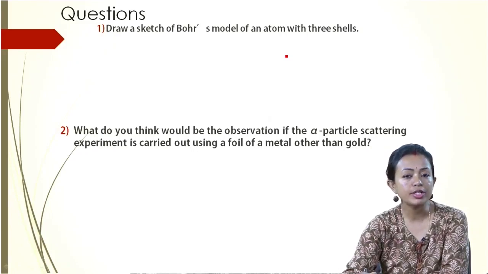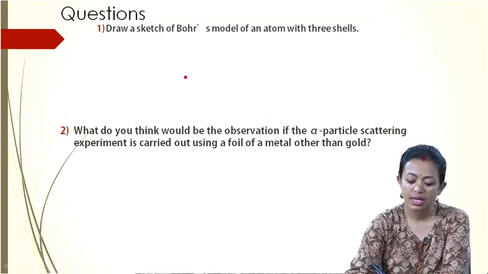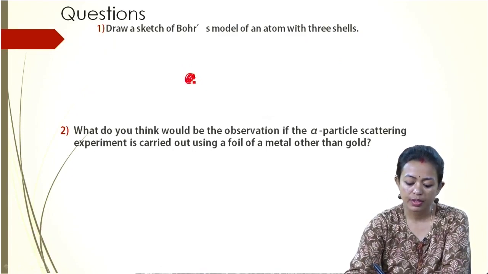And according to Niels Bohr, the electrons are revolving around in discrete energy levels, in these particular energy shells. So let us draw this. First we need to draw the nucleus, which is positively charged, and then we have the extranuclear part.